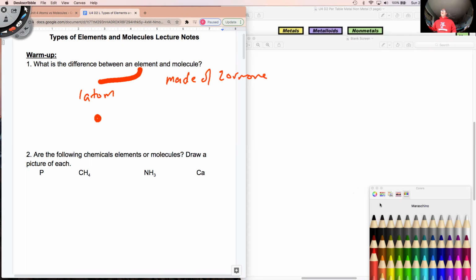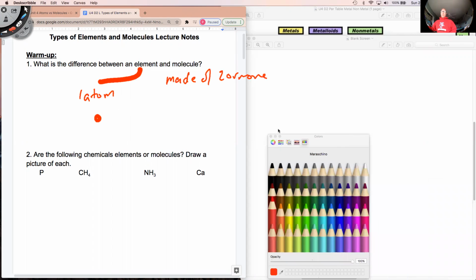Something like that we had last class, like H2O. You'd have H, and then you'd have your 2 O's, right? And it'd be made up of H2O. So it'd be H, and then that looks a little bit better, 2O. All right, so it's multiple atoms put together that are molecules.